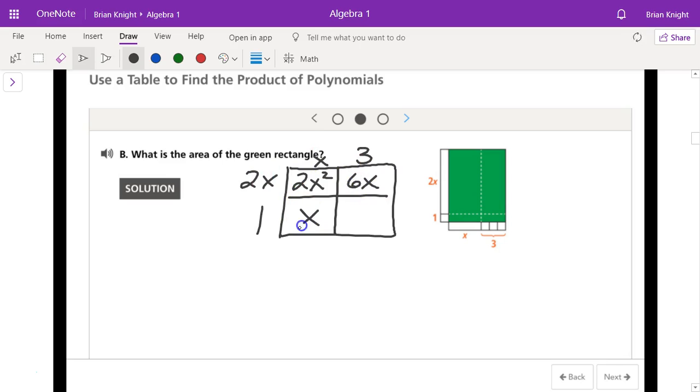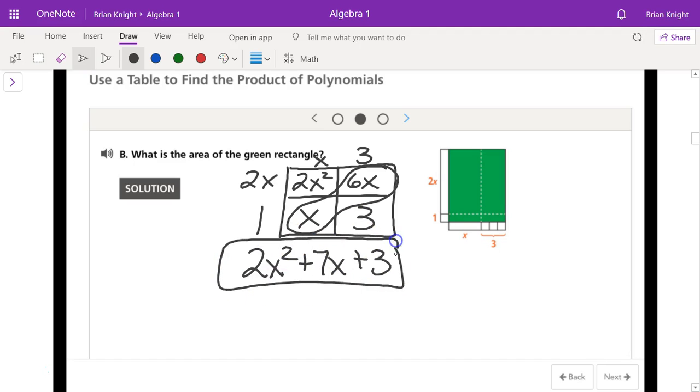X times 1, 3 times 1. Add your like terms in the middle. So my final answer would be 2x squared, x and 6x make what? 7x plus 3. It's just giving you another tool in your toolbox.